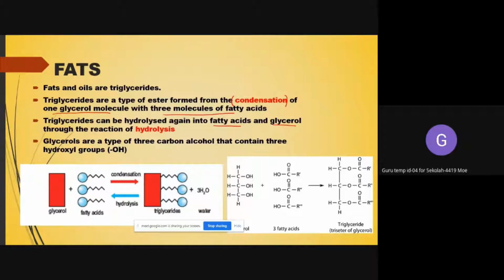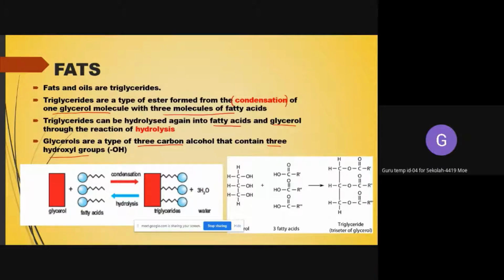So glycerols are a type of 3-carbon alcohol that contain 3 hydroxyl group. So ini adalah diagram yang menunjukkan condensation and hydrolysis reaction, for the formation and breakdown of triglyceride. Ini adalah chemical structure for the process of condensation to form triglyceride.